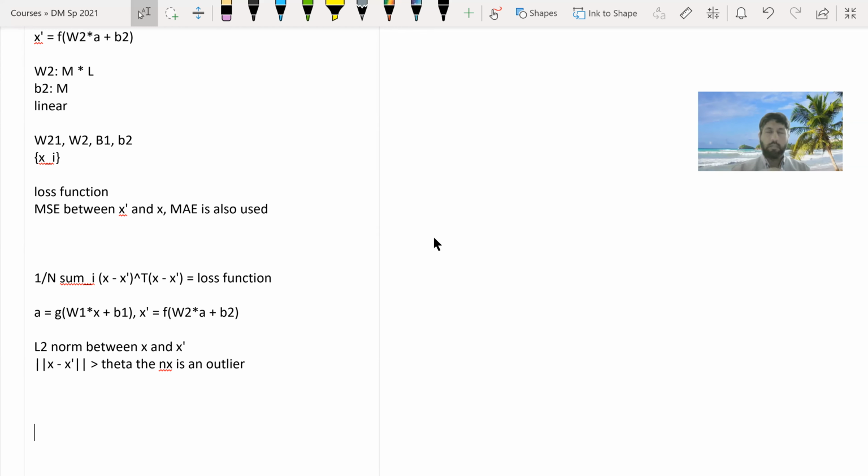Once the network is trained, we feed forward each object, get its reconstructed output, and then based on the distance between the two, we can rank the objects, and we can use a cutoff on this rank to determine the outliers.